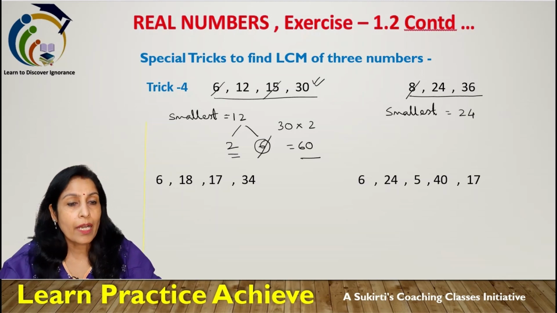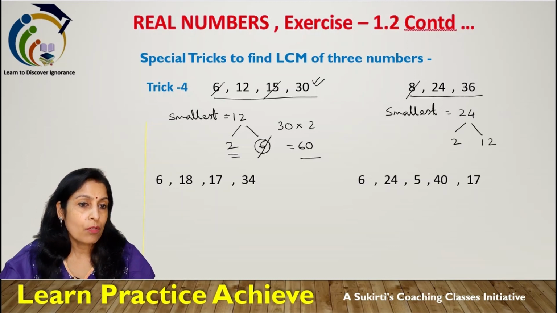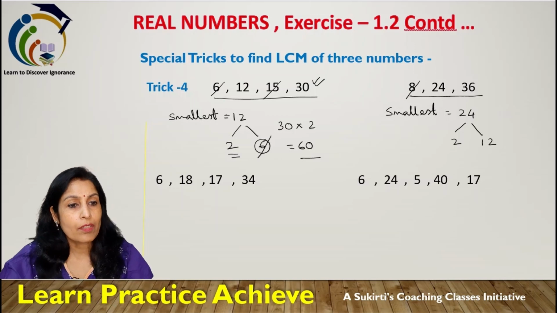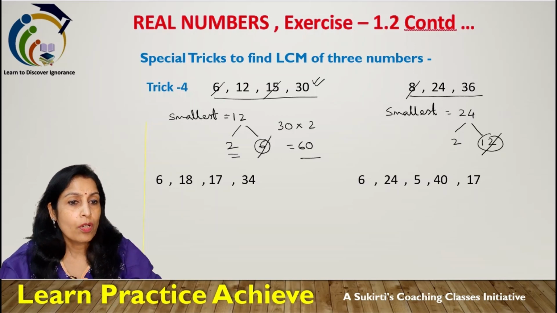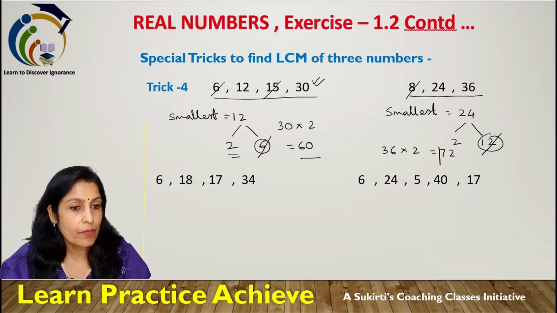Now find out the highest factor of 24. So the highest factor is equal to 2 into 12. Now 12 divides 24 and 36. So cancel this one. The remaining number is 2. So your answer is 36 into 2, which is equal to 72. So 72 is your LCM.